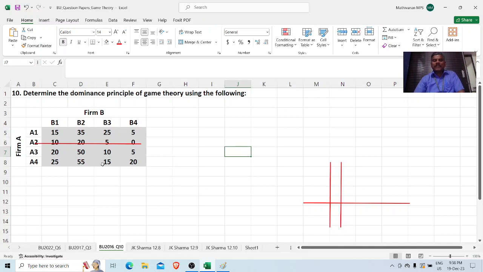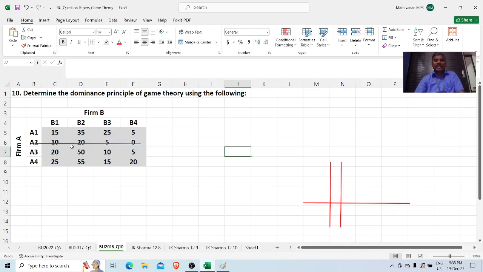We will compare A1 with A3. When firm B is using the first strategy, A3 will result in 20 points. A1 will result in a gain of 15 points for firm A. So which is better? Strategy A3 is better.